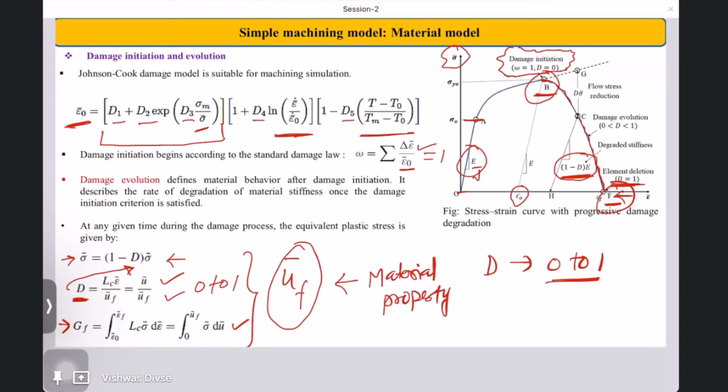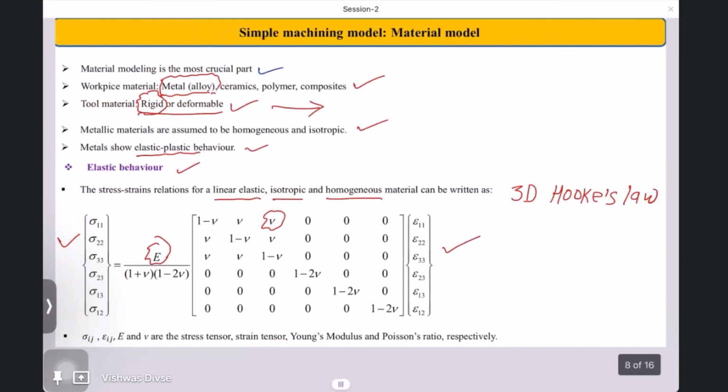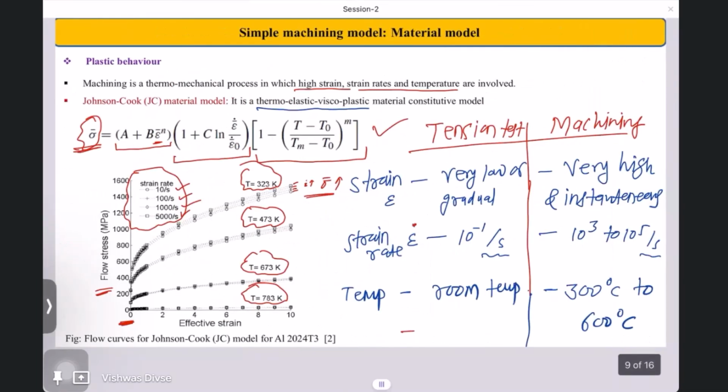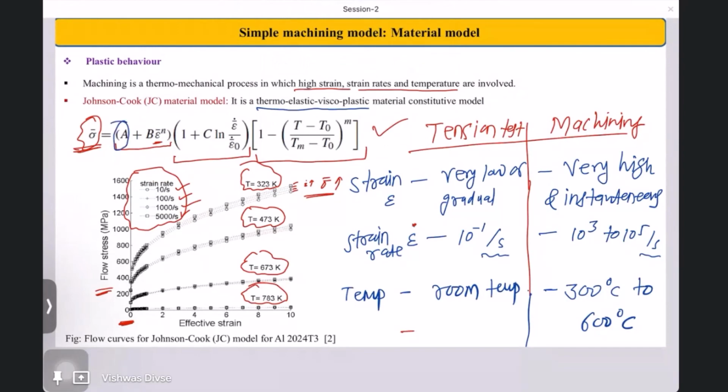So if you see, for elasticity we need to define two material properties, modulus and Poisson's ratio. For plasticity, we need the Johnson-Cook plasticity parameters. I will highlight A, B, C, this N, M. These are all Johnson-Cook plasticity parameters.